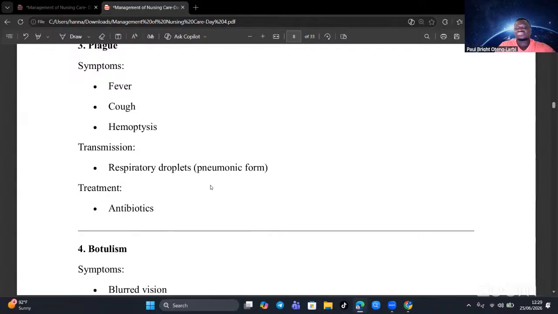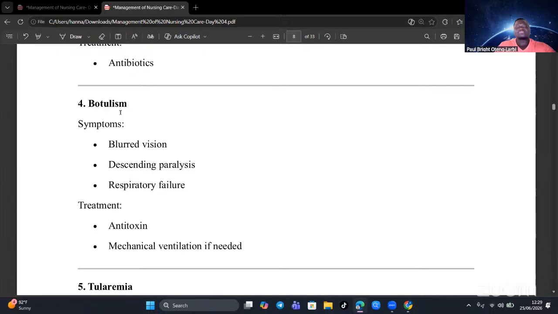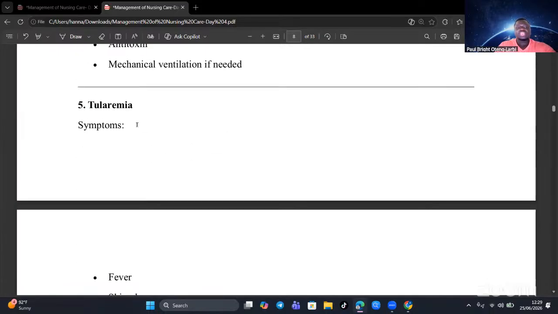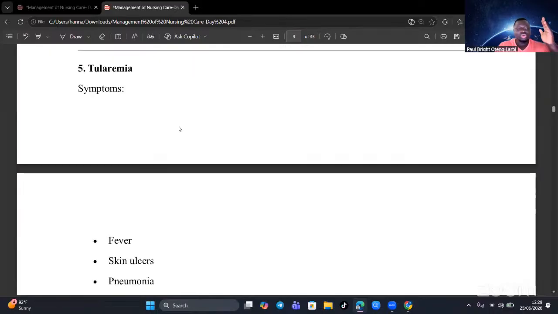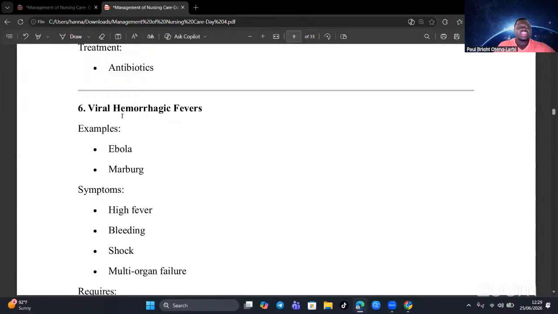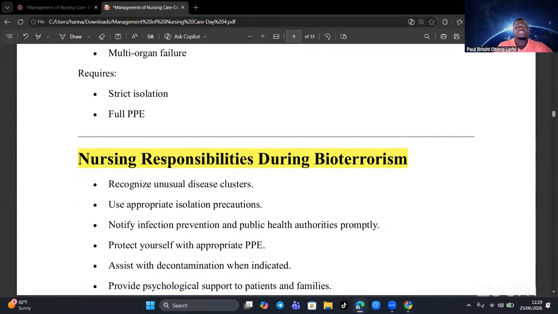People were getting respiratory droplet issues like pneumonia. Botulism also came. Then tularemia also came. Then viral hemorrhagic fevers, Ebola, and all those. They were all disasters.